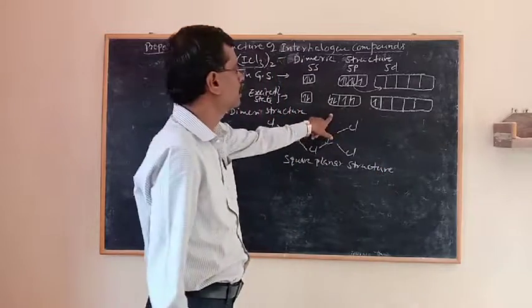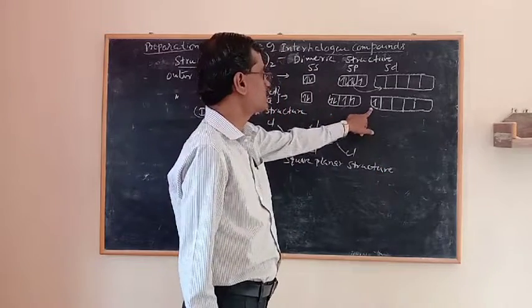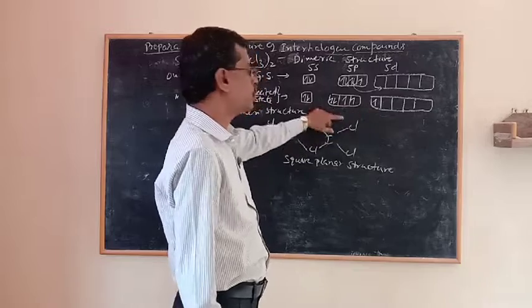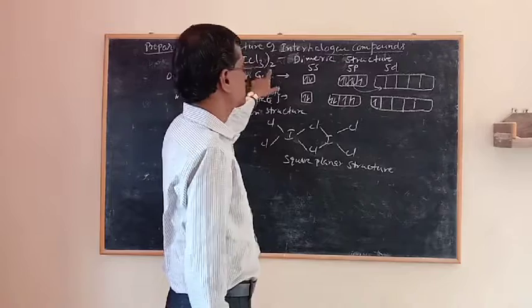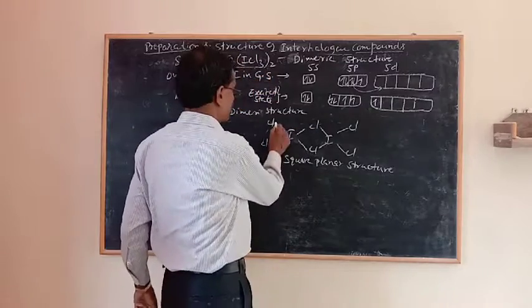This is formed by 3 vacant orbitals present in this and 2 iodine atoms joined together to form the I2Cl6. This is a type of square planar like this.